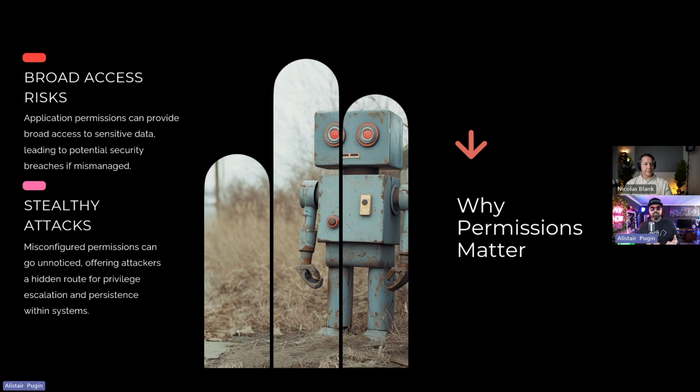And misconfigured permissions can, and for the most part they do, go unnoticed inside of the environment. I'll hazard a guess that I don't think anyone really and truly knows all the applications that are running inside of the environment, and also knows exactly how they've profiled those applications from a permission modeling perspective.